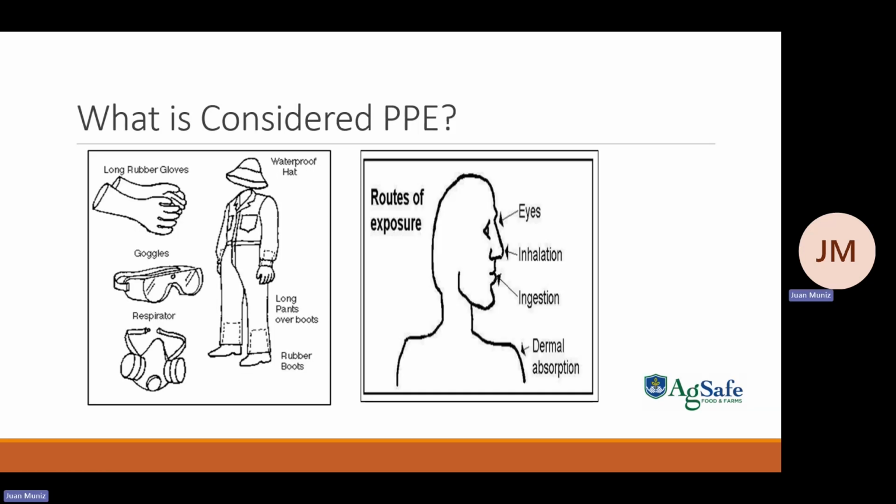You may be asking yourself, well, what is considered PPE? For now, just look at the examples we have here and consider that personal protective equipment can range from gloves, eye protection such as goggles, respirators, hats, long sleeve shirts, long pants, and shoes or boots, and that this protective equipment, protective clothing is intended to protect us from exposure through the main routes of entry.